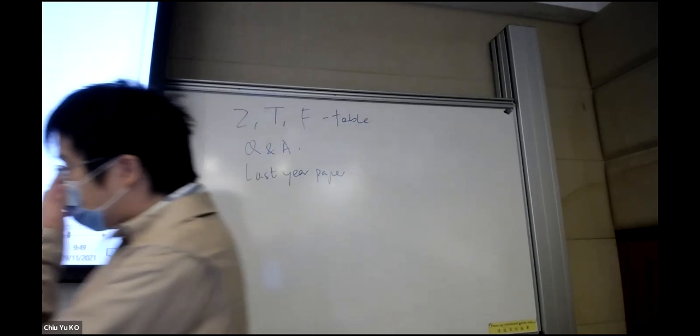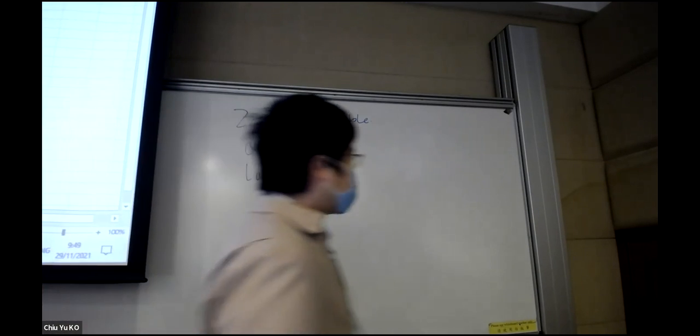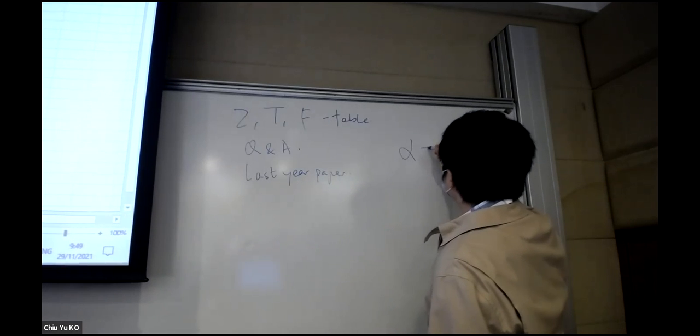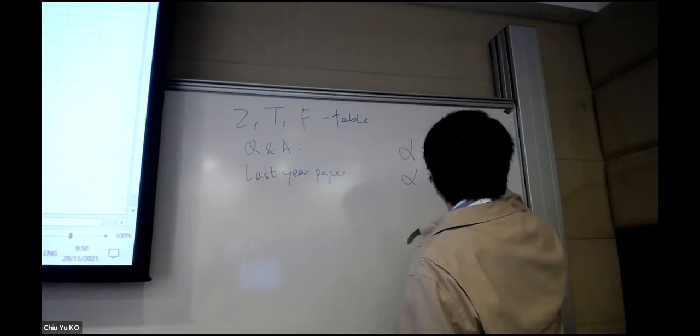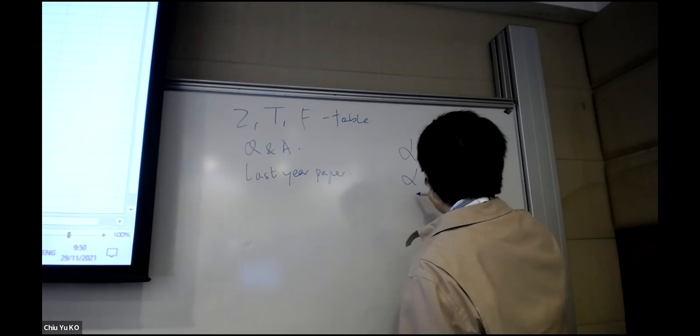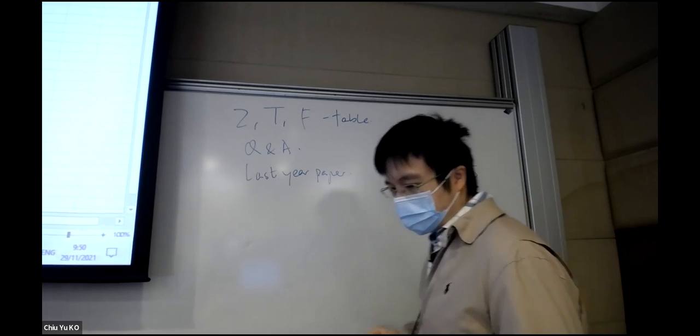So we do the F table. We have to do it for different alpha. Basically you would need to have three tables, because the standard critical value alpha is either 0.1, 0.05, or 0.001, right?